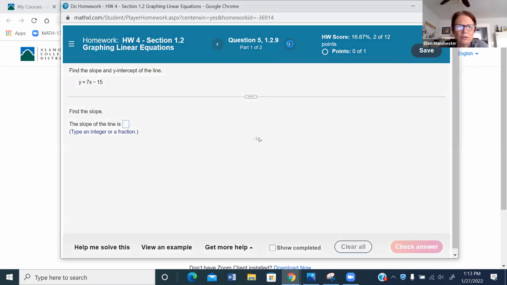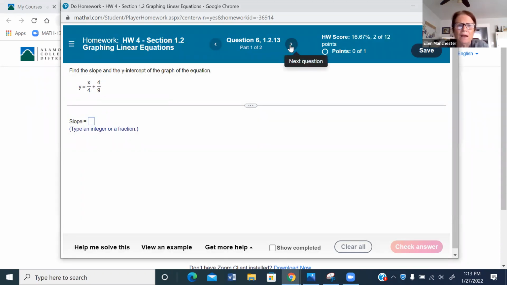I wanted to get to another type of problem. For this one, slope and y-intercept, you're going to have to take a look at this and notice first, if it's in y equals format, you have the slope and the y-intercept already there. Remember, the slope is right next to the x. Well, in this case, you have x over 4.